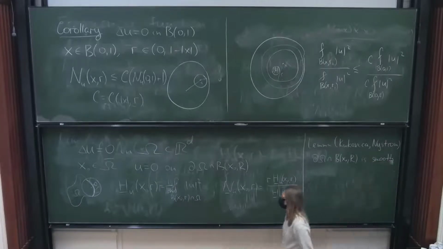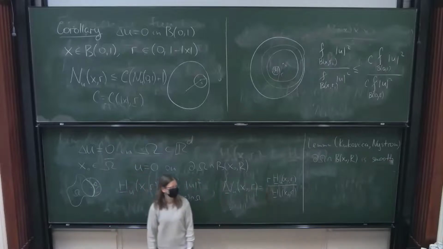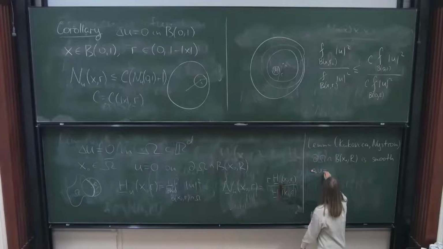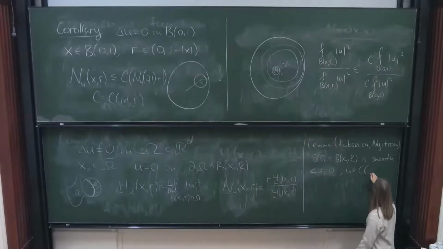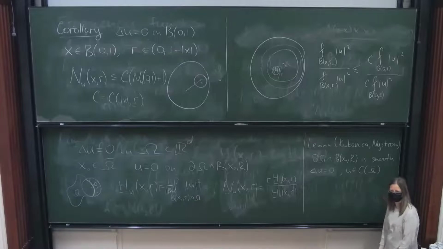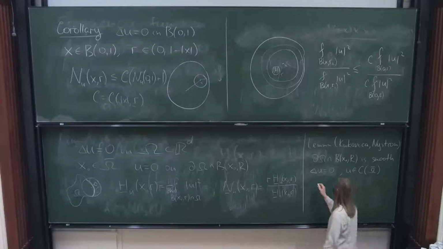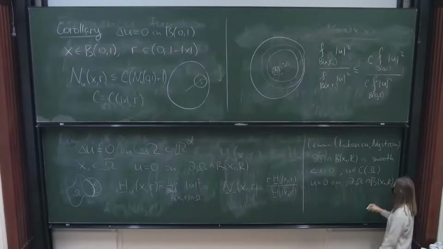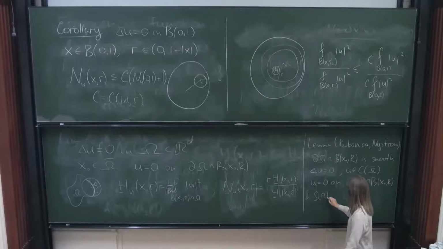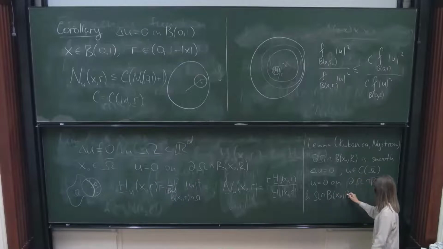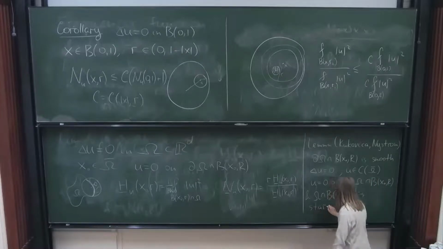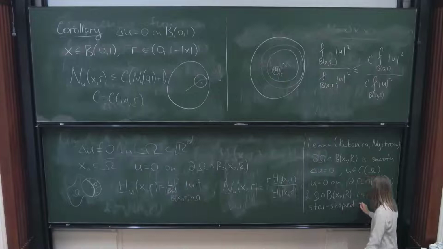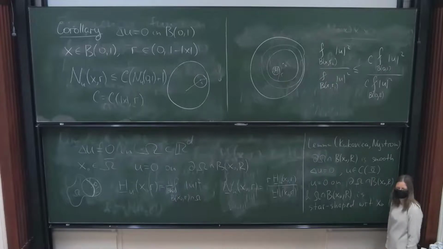Now suppose that my boundary here is smooth, the function is harmonic and continuous up to the boundary of the domain, zero on this part of the boundary, and this domain is star-shaped with respect to x0.